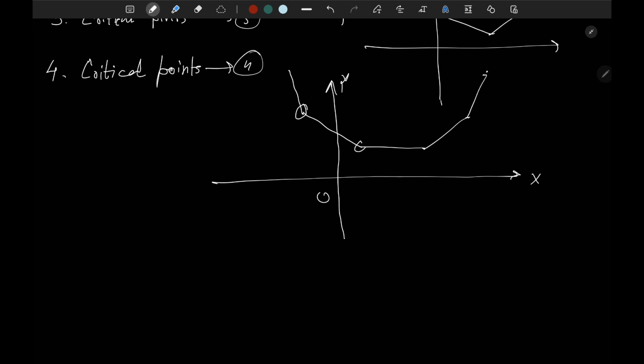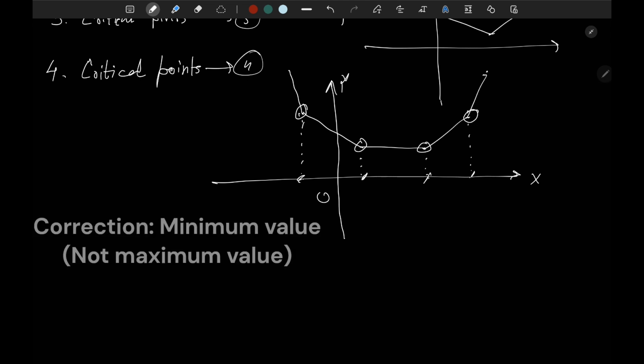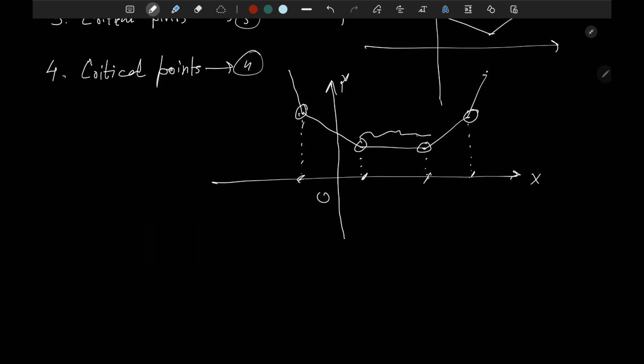This is your first notch, second notch, third notch, fourth notch, and these are your critical points. This one, this one, this one, and this one. So where does your minimum value come? In this interval. This line is parallel to your x-axis.